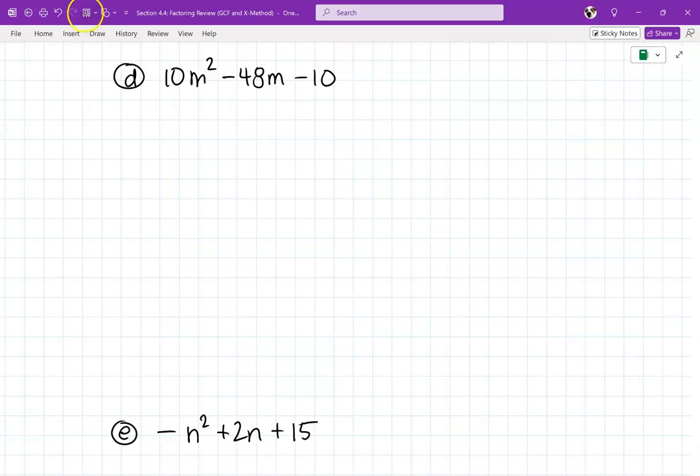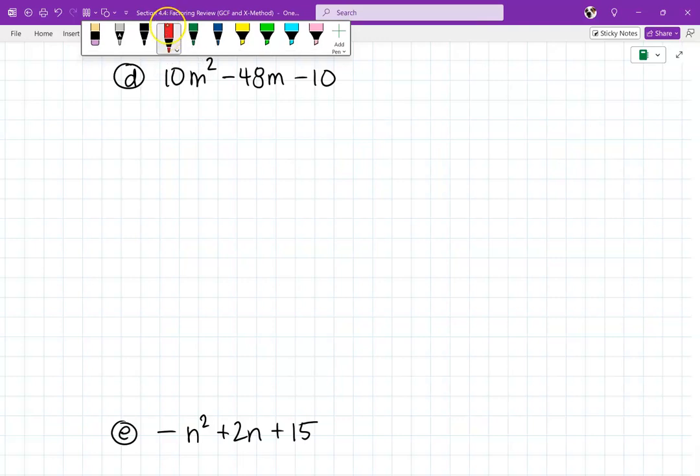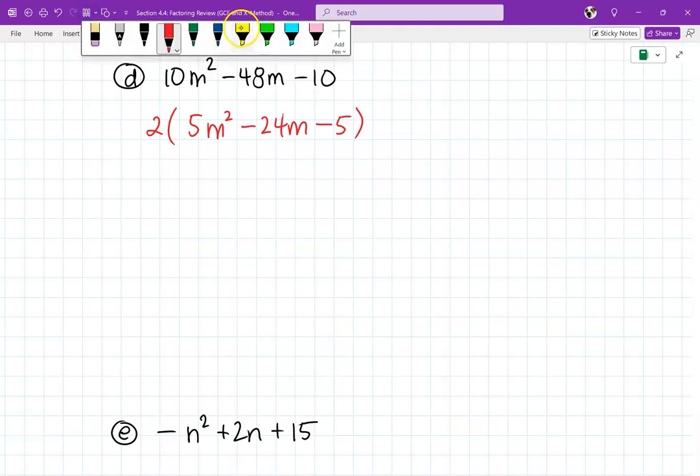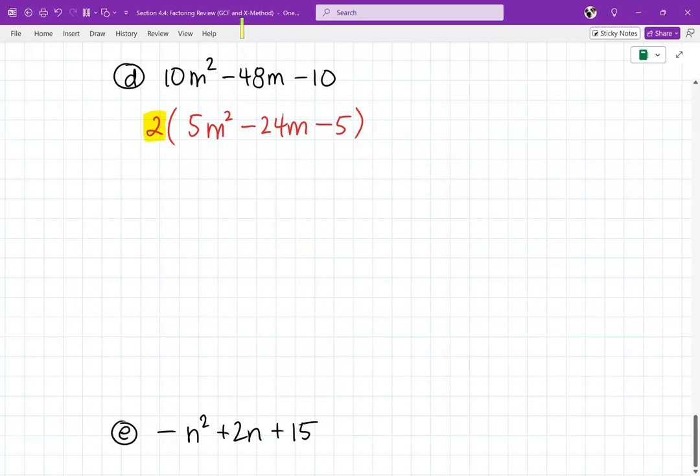So before I actually do this problem, I'm going to factor out a 2. Now remember, when you factor, that means you're dividing, right? So 10 divided by 2, that's 5m squared, minus 48 divided by 2, that's 24m, minus, and then 10 divided by 2, that's 5 again. Now, I'm going to highlight this number really quick. Don't forget about this number.